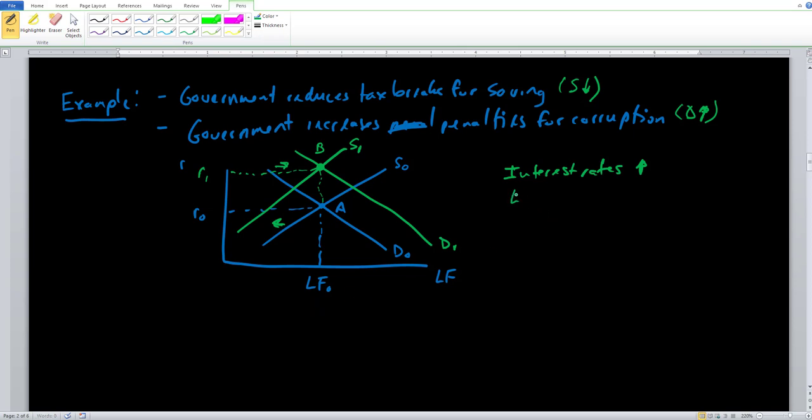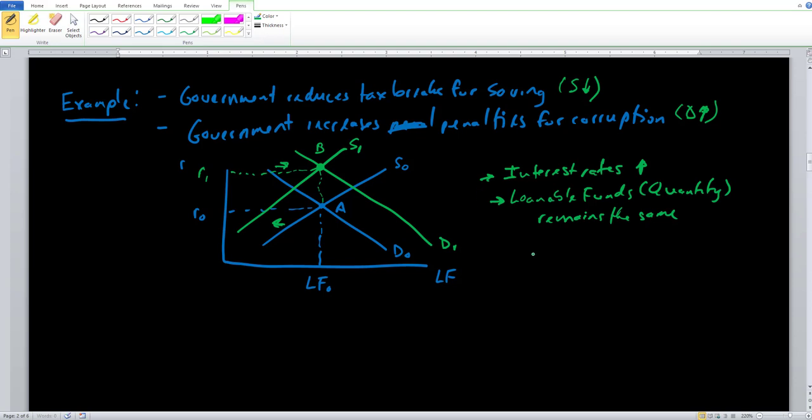So the quantity of loanable funds is going to remain the same, or it's indeterminate, or unknown in this instance.